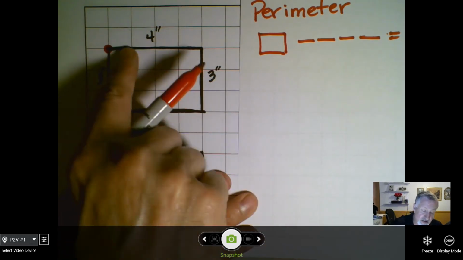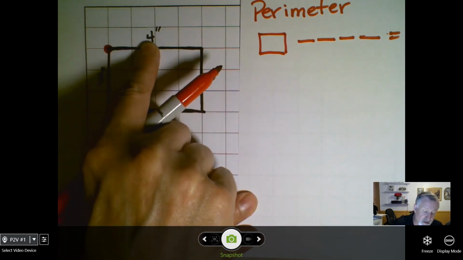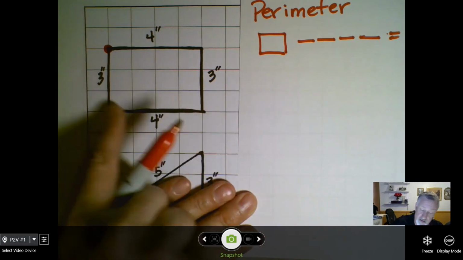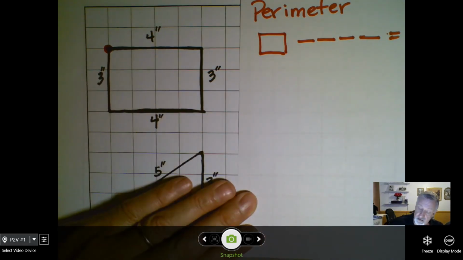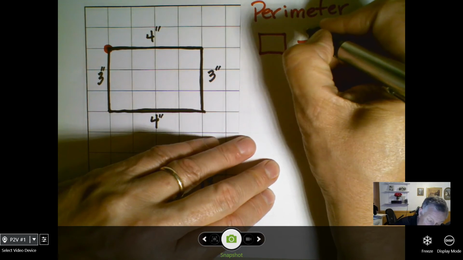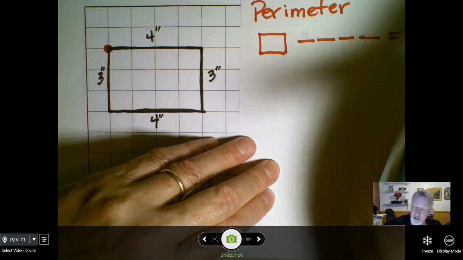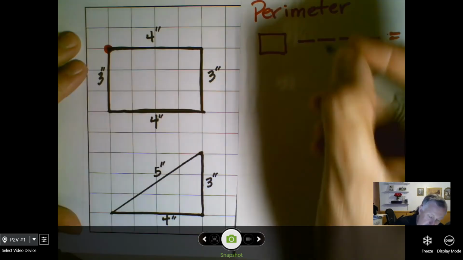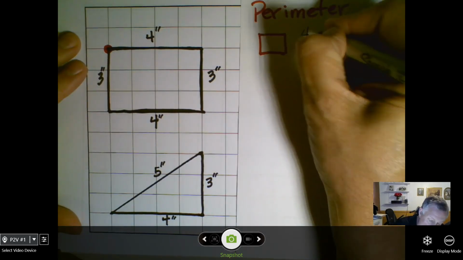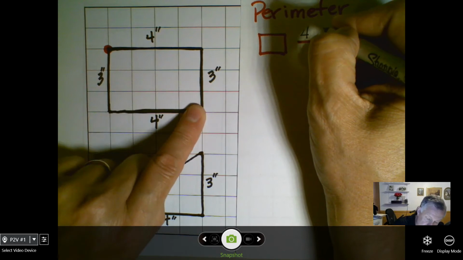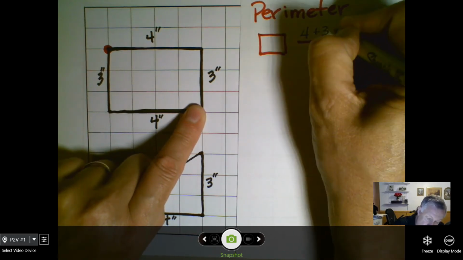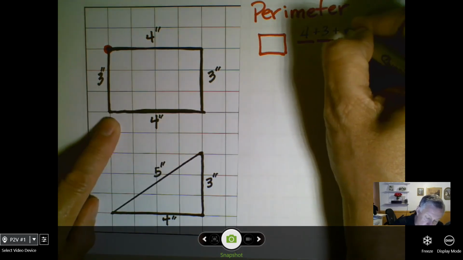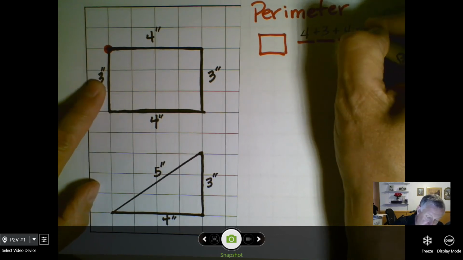So in this case, we have 4 inches, 3 inches, 4 inches, and 3 inches. So let's write that down. Let me get a better pen. Okay, I'm going to try it again. 4 plus 3 plus 4 plus 3.